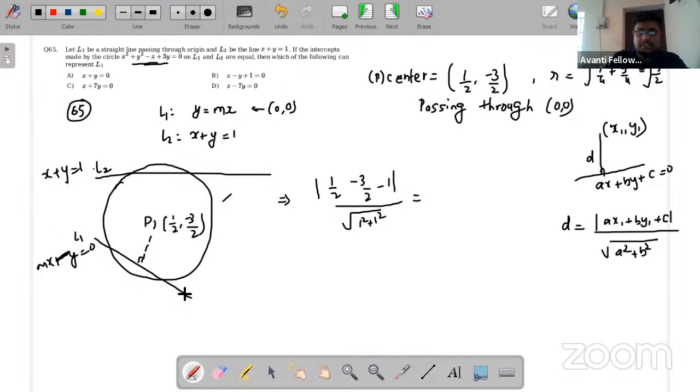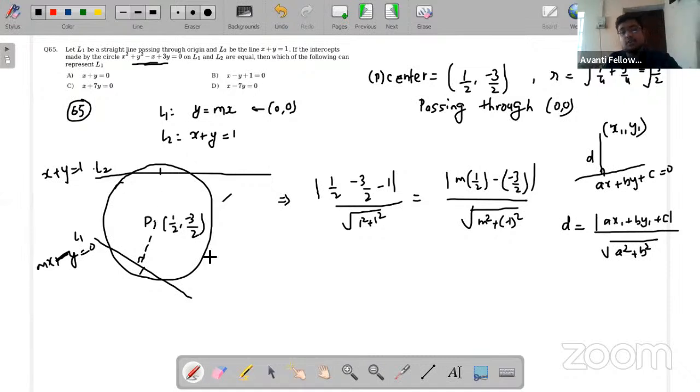From point P to this line, we'll write m into 1 by 2 minus y into y is minus 3 by 2, whole divided by root over m square, coefficient of x whole square plus y square. Okay, both distances will be equal, right? Because if chord length is equal, then perpendicular distance from center is also equal.